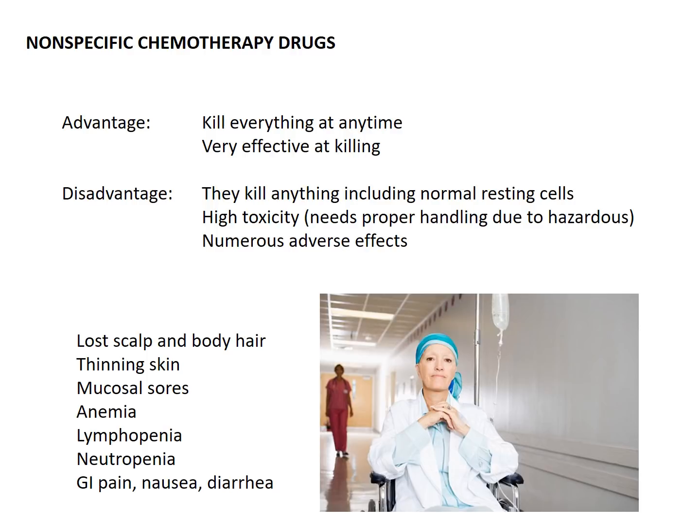So the advantage is that these drugs are very effective killers. They're really good at killing rapidly dividing cells. The only problem is they're killing all types of rapidly dividing cells other than the cancer cells. That's the big disadvantage, right?